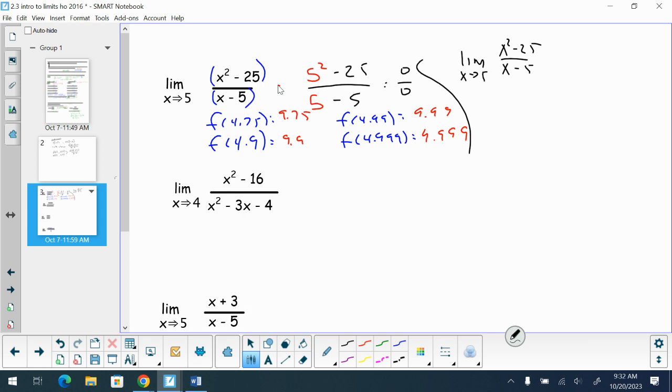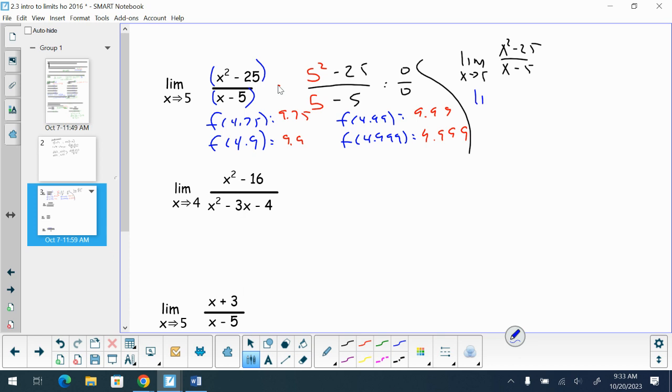So we have a problem because we're approaching a discontinuity. The discontinuity is the value from the domain that we have to eliminate, that we can't equal. Well, we're trying to find the limit as we get closer to that. So there's issues with that.